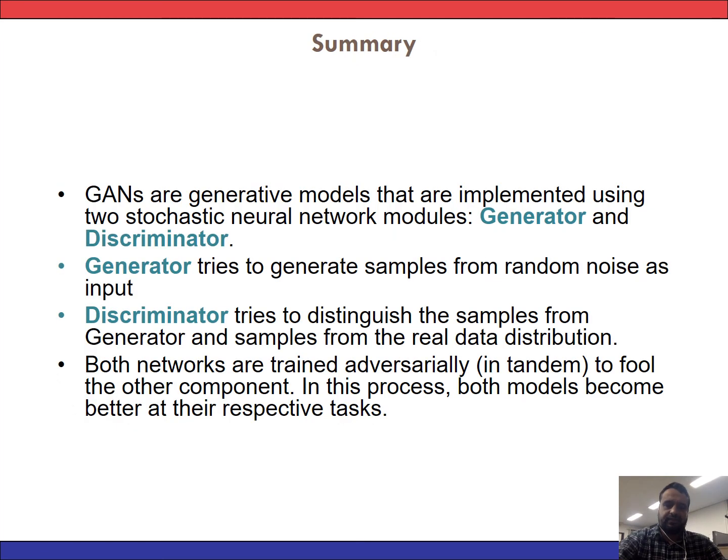In this lecture I covered the implicit generative model that is called the generative adversarial network. I talked about the architecture of the generative adversarial network, the objective of the generative adversarial network, its limitations, how researchers approached this problem, and I also discussed a few applications of the generative adversarial network.